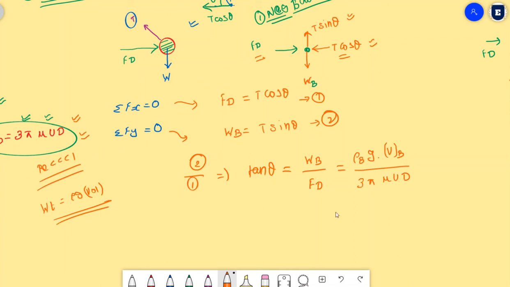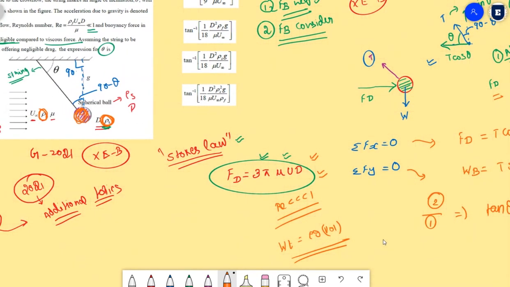Right. Now, this will be equal to density of the body, given as rho s, that is the spherical ball's density, g into volume. What's going to be the volume? 4 by 3 pi r cube. Here we will take diameter only, so d by 2 whole cube. The whole divided by 3 pi mu, and the free stream velocity u. In this case, the free stream velocity is given as u infinity.